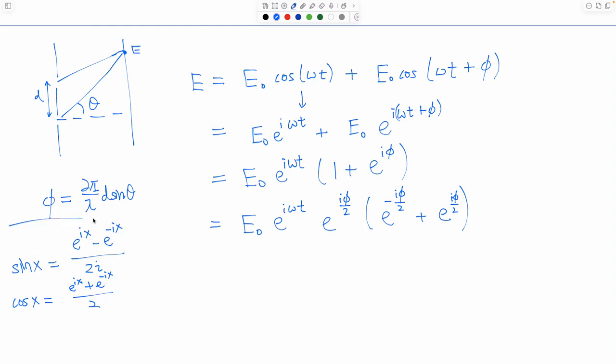So if you don't already know, you can write it like this. And we can simply invoke this identity to express it as e to the i omega t, e to the i phi over 2, and then this thing will just become 2 cosine of phi over 2.